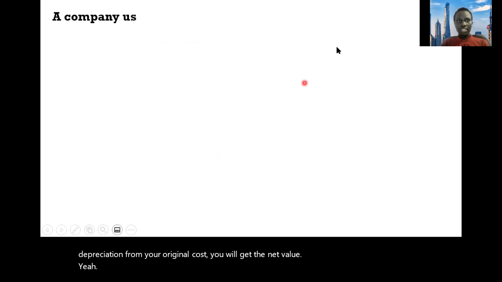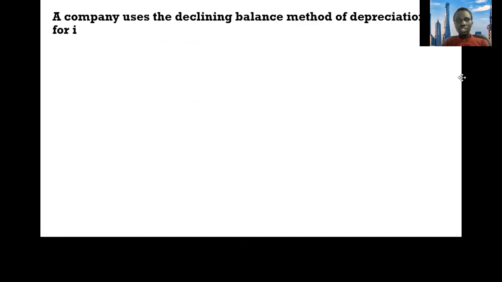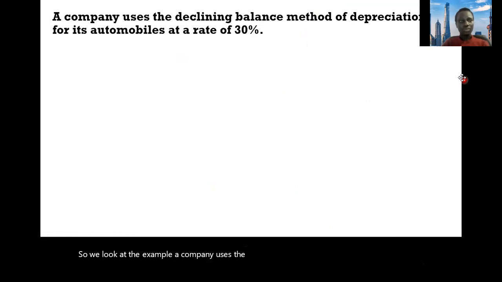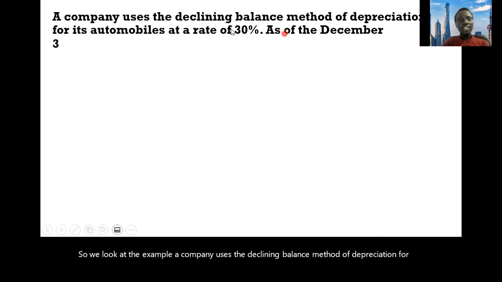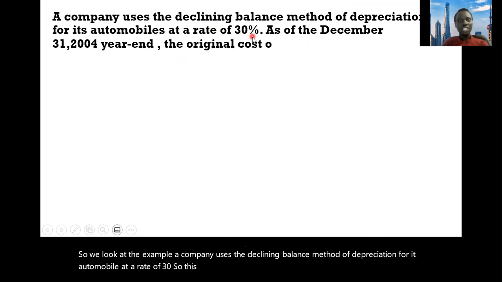So let's look at the example. A company uses the declining balance method of depreciation for each automobile at a rate of 30%. This 30% is the rate of depreciation of that tangible asset.